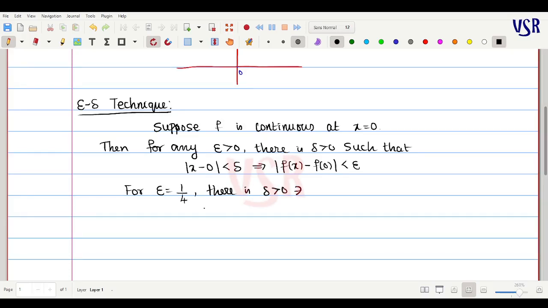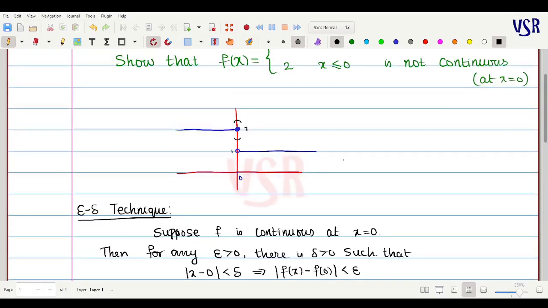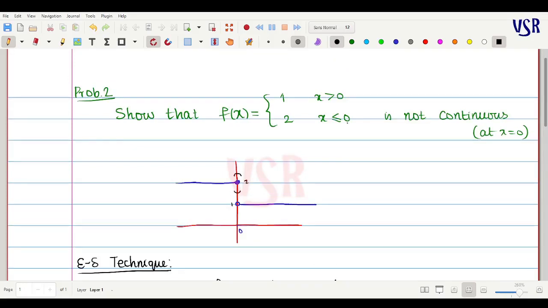Okay, so what do we get? Modulus of x minus 0 is less than delta. This would imply that modulus of f of x minus f of 0, what have we seen, f of 0 at x equal to 0, its value is 2.